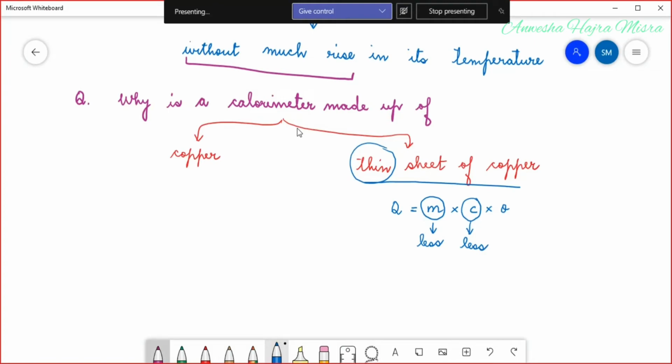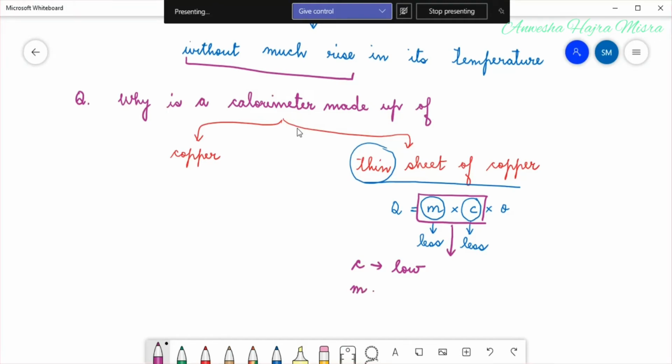So the product of M and C, which is thermal capacity, is less. So in this case, we have to write specific heat capacity of copper is low, and making it thin, mass is less, and hence thermal capacity is low.